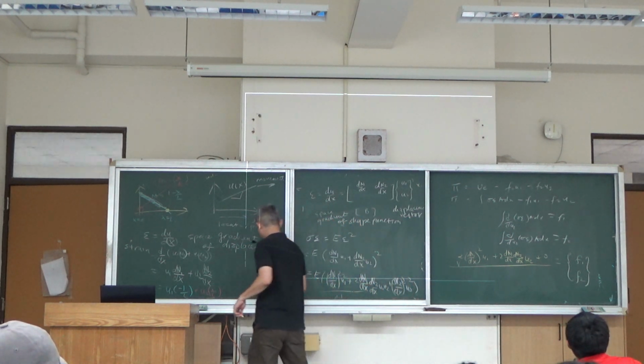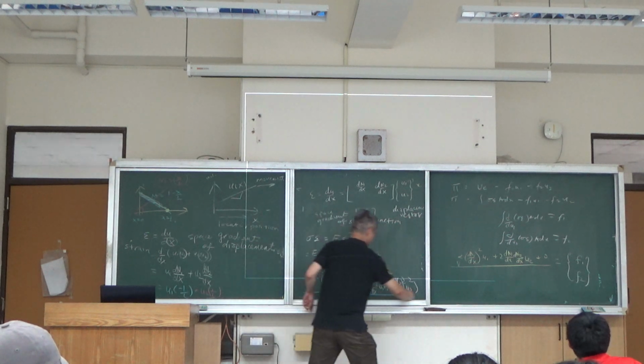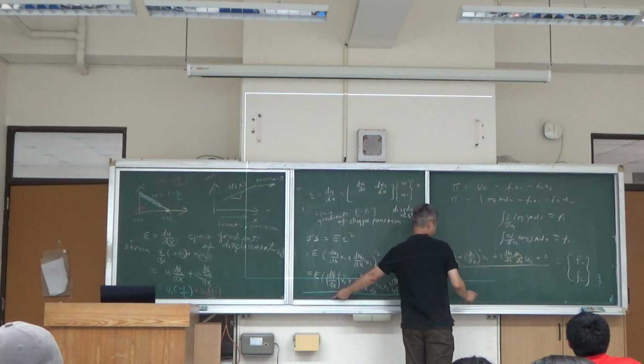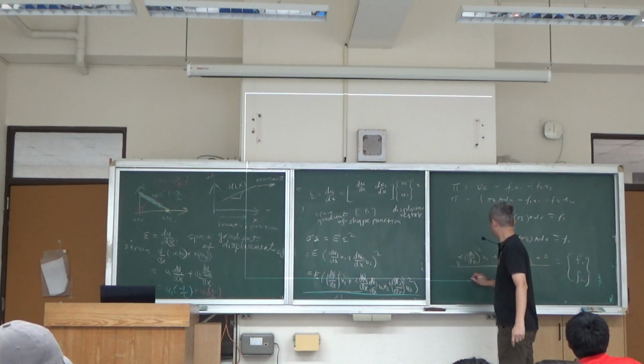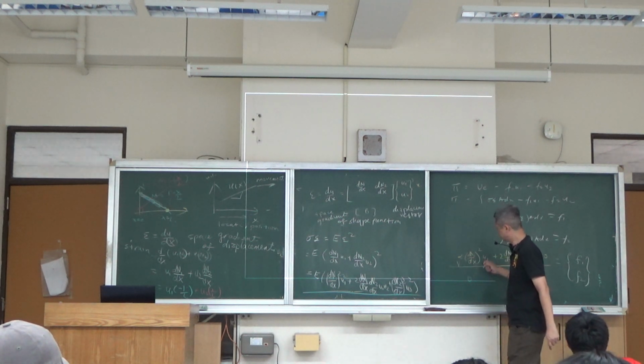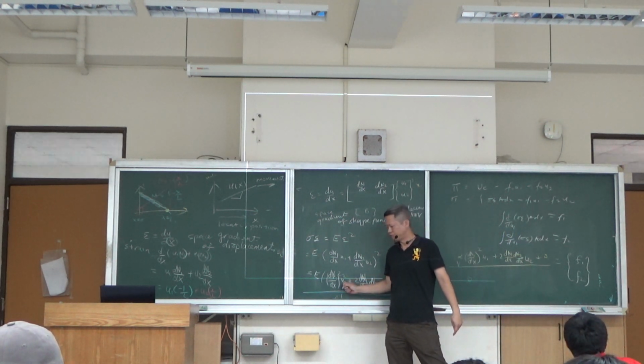And then next, we write the same expressions, but partial differentiation with respect to U2. This is 0 because the partial differentiation of U1 squared with respect to U2 is 0.